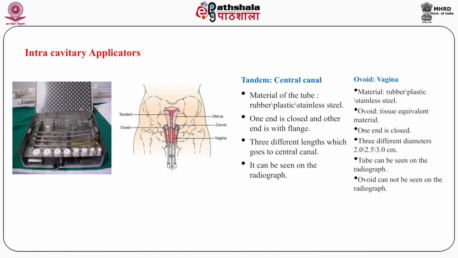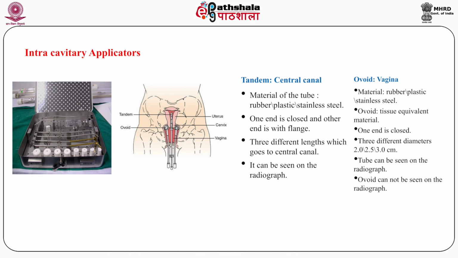It can be seen on the radiograph. The ovoid, which rests in the vagina, is made of rubber, plastic or stainless steel. The ovoid is tissue equivalent material, and one end is closed. 3 different diameters of ovoids are used: 2 cm, 2.5 cm and 3 cm.